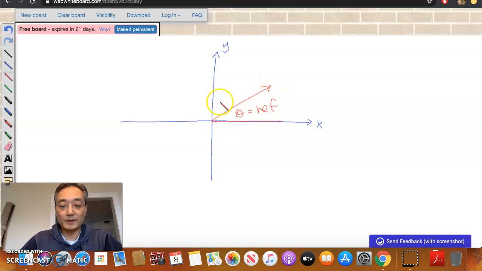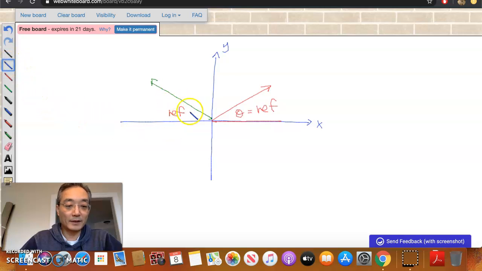In the second quadrant, if I have an angle that stops in the second quadrant, then my reference angle is sitting right here, because it has to be formed by the terminal side and the x-axis, and it's got to be acute.